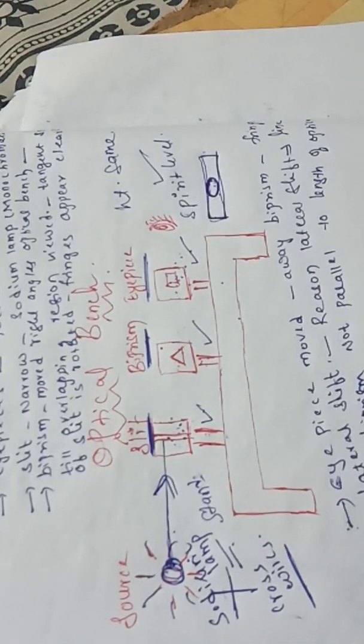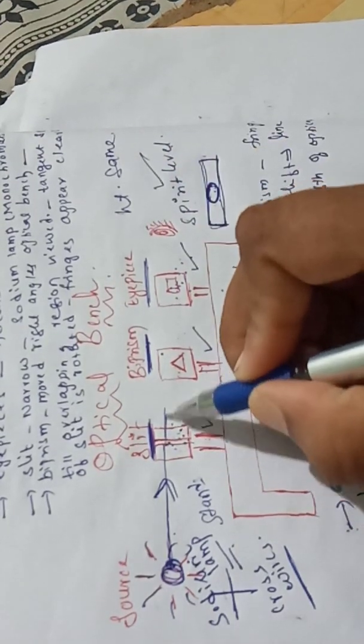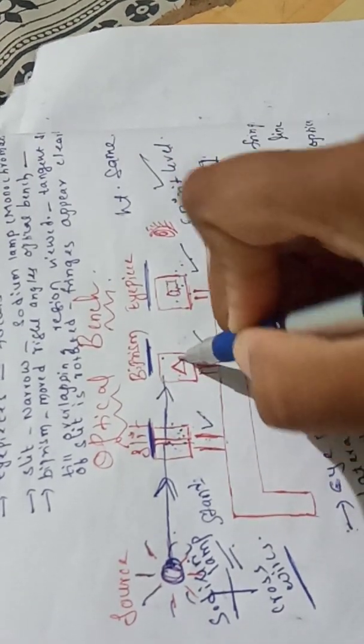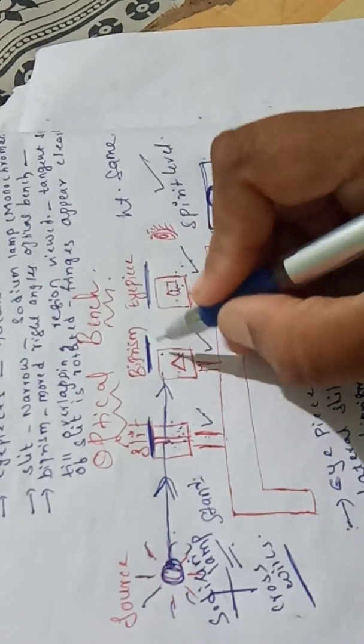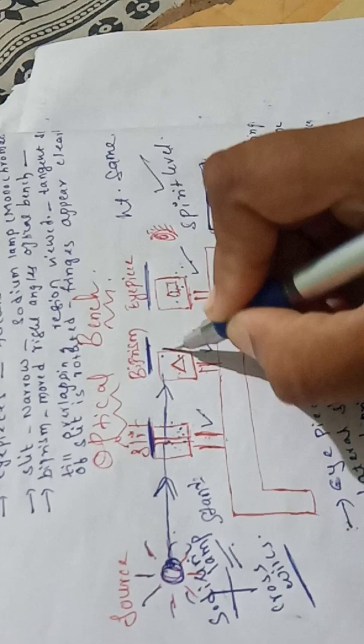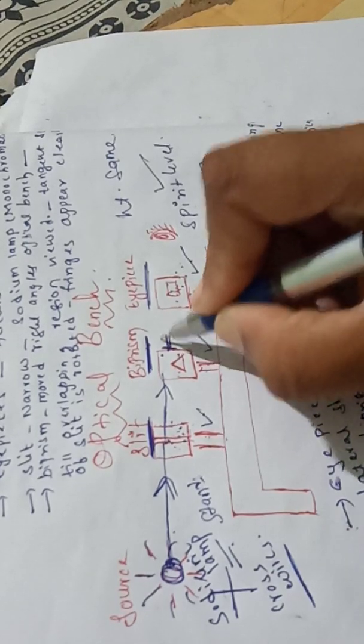Now from this slit the light comes and falls on our biprism. Now the biprism is connected with a handle.